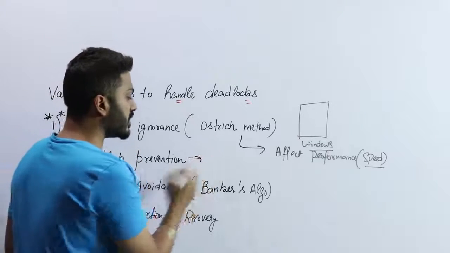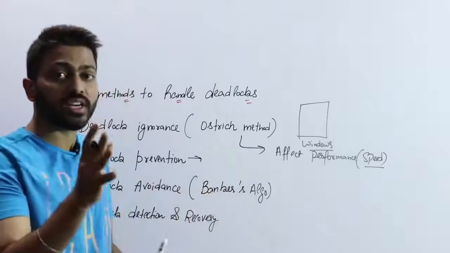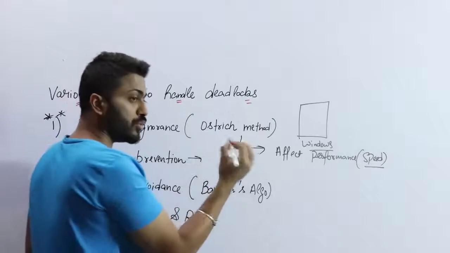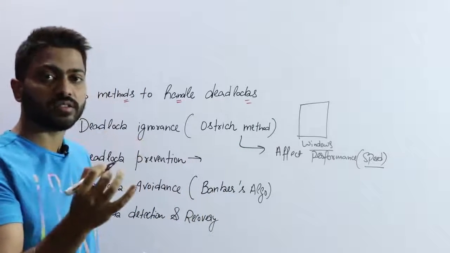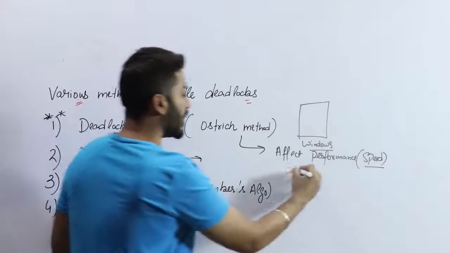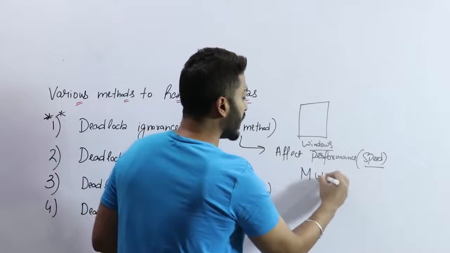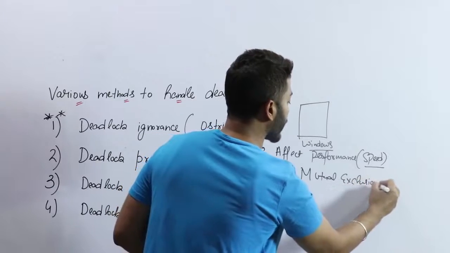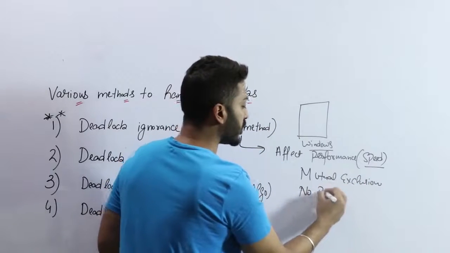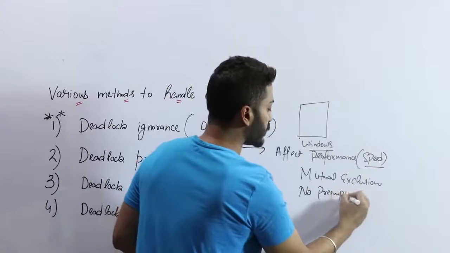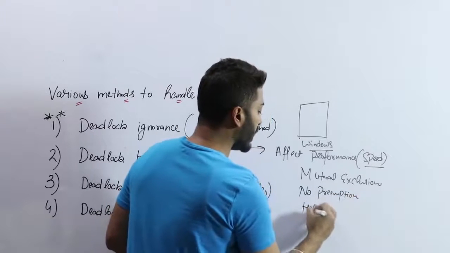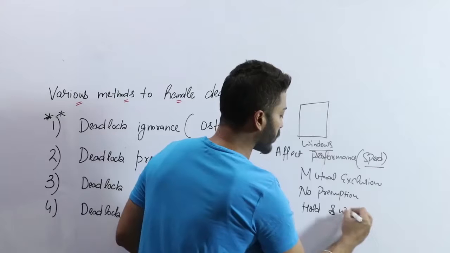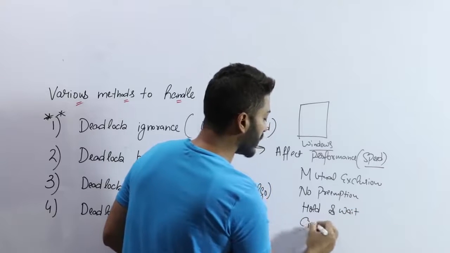The main preventions are based on the 4 necessary conditions. The necessary conditions are, I am just writing, mutual exclusion, no preemption, hold and wait, and circular wait.